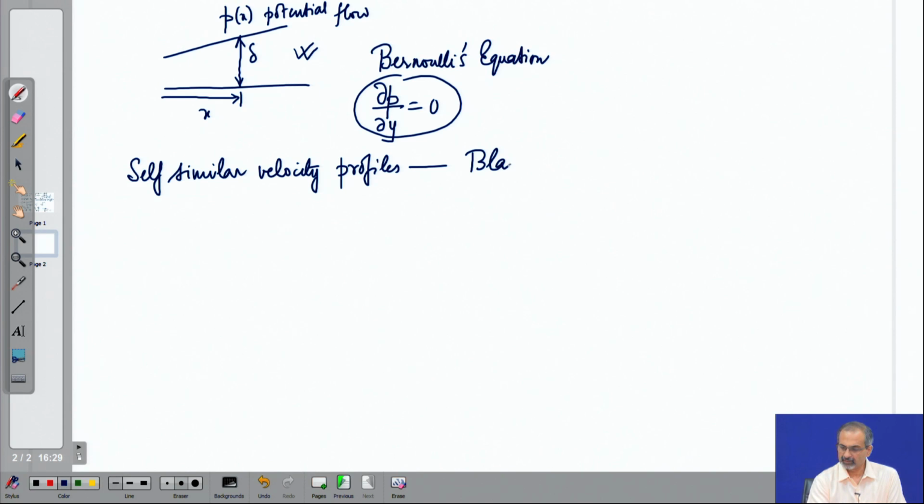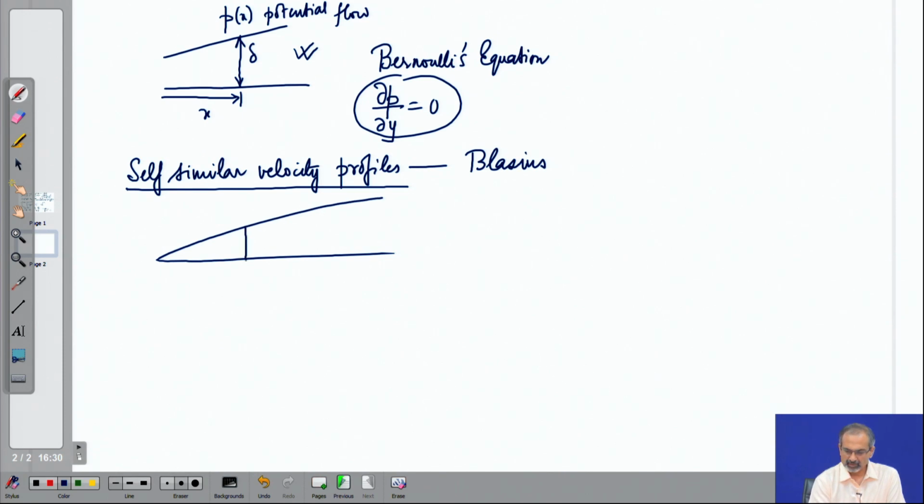Later, another very famous scientist, Blasius, found out self-similar velocity profiles within the boundary layer. What this means is that when we look at the velocity profiles at different locations in a boundary layer, we have to remember that at the edge of the boundary layer, at every location they are going to reach the same free stream velocity, but that change is occurring over different distances.